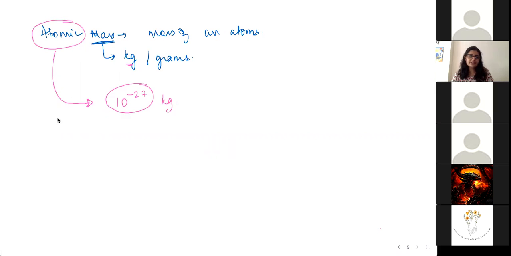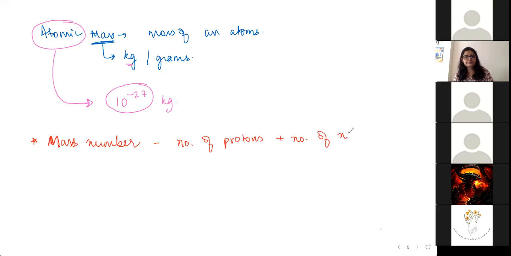Another way to measure atomic mass is something called mass number. This atomic mass number is literally the number of protons plus the number of neutrons present in that particular atom.